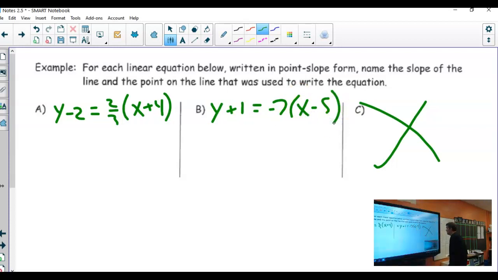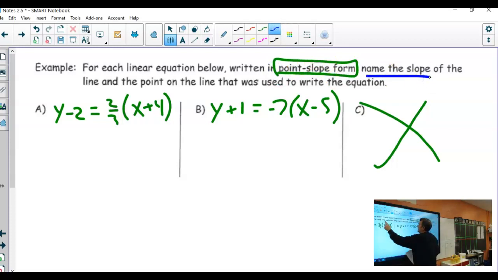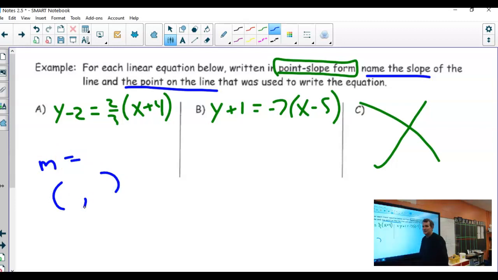Okay, so the question is here, an equation is already written in point-slope form. Can you name the slope of the line and the point on the line that was used to write the equation? Can you do it? Think about it for a second. What's the slope of this line and what's my point I used?